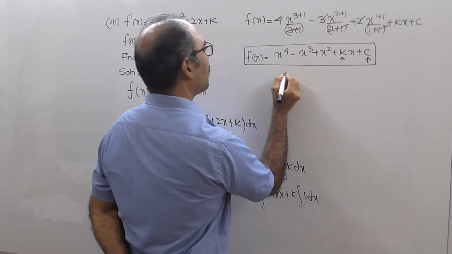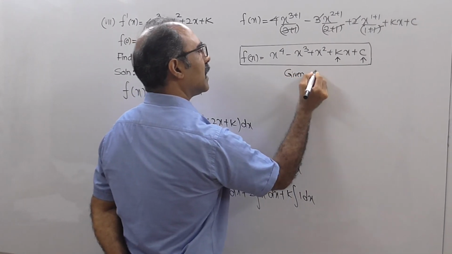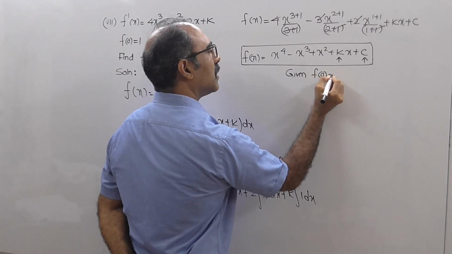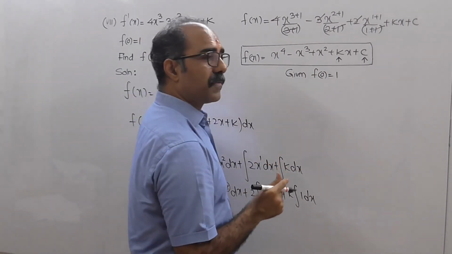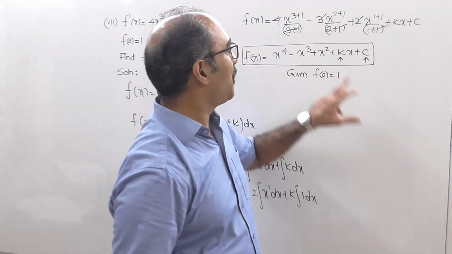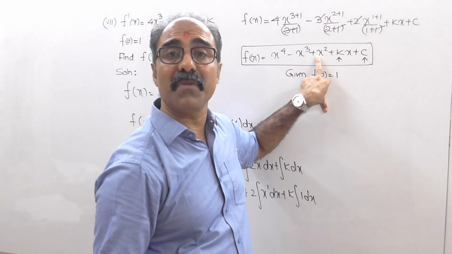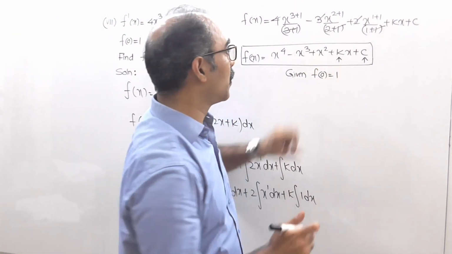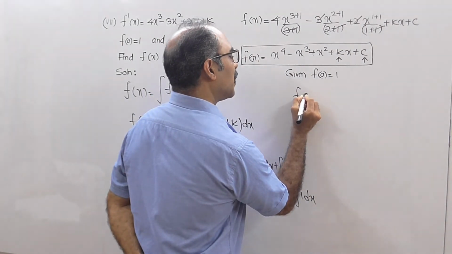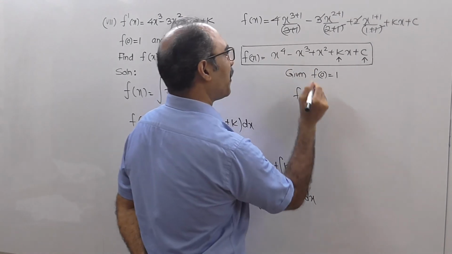Now I think they have given that f of 0 is 1. What is the meaning of f of 0? F of 0 means in the function f of x, wherever I see x, I will replace all x with 0. So f of 0 means I will replace all the values of x in f of x by 0.